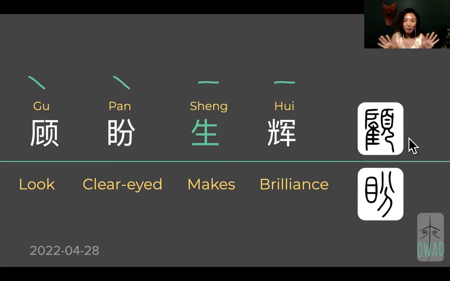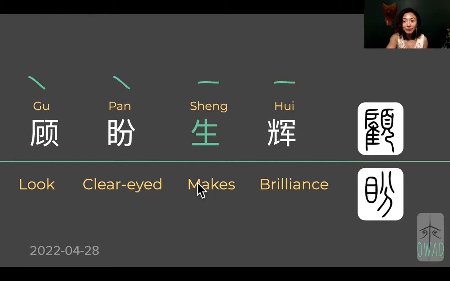It's looking like a bird, because birds have their eyes on the side, right? They have almost a whole sphere of peripheral vision, versus humans, where your vision is probably your arm span. Humans cannot look to the back. So 顾, this character simply means you turn your head to look around, to look at your surroundings. It's look actually around.